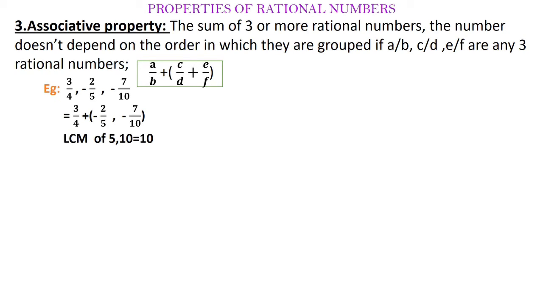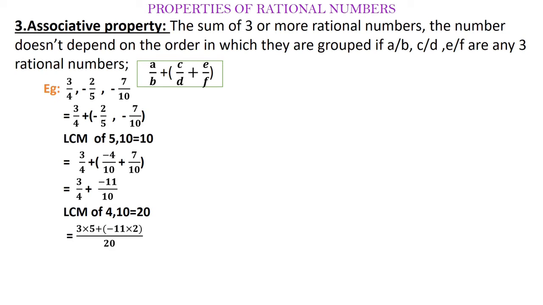LCM of 5 and 10 we get 10. 3/4 + (minus 4/10 + minus 7/10), which is 3/4 + minus 11/10. LCM of 4 and 10 we get 20. (3 into 5) plus (minus 11 into 2) by 20. 3 into 5 is 15, minus 11 into 2 is 22. When we subtract, we get minus 7/20.